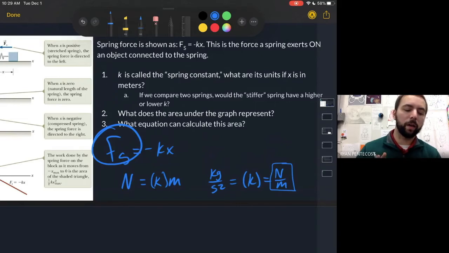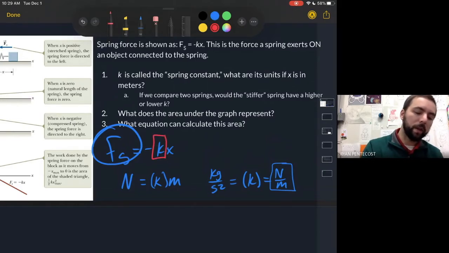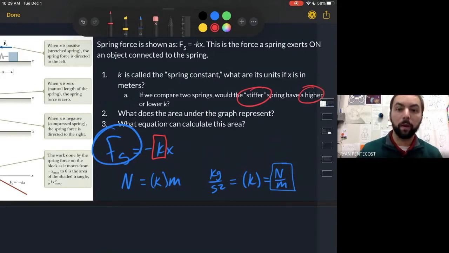If it's more flimsy, then it won't resist you as much. There'll be less force and you'd be able to easily move it. But if it's stiffer, it's going to resist you with more force. So if there is more force exerting on you, then that means that this K constant needs to be higher for a stiffer spring, which is true. The stiffer the spring, the higher the spring constant.